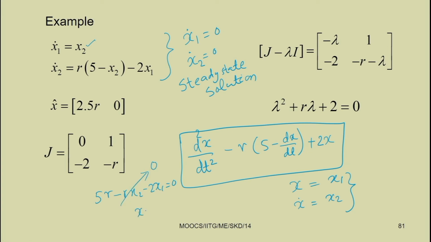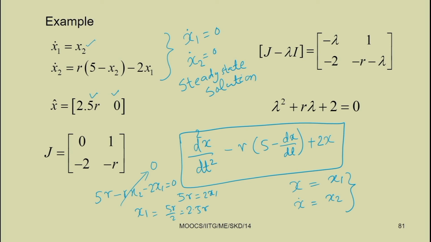So, 5r equal to 2 x1, so x1 equal to 5r by 2, which becomes 2.5r. So, x1 equal to 2.5r and x2 equal to 0. This set is the stationary solution, or steady state solution, or the fixed point response of the system.